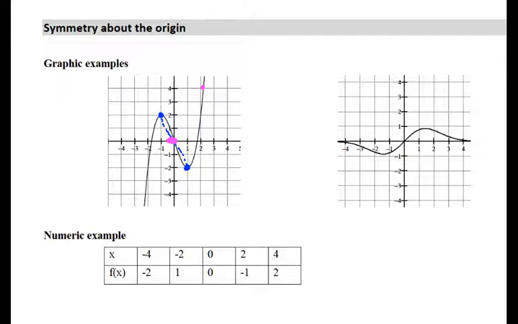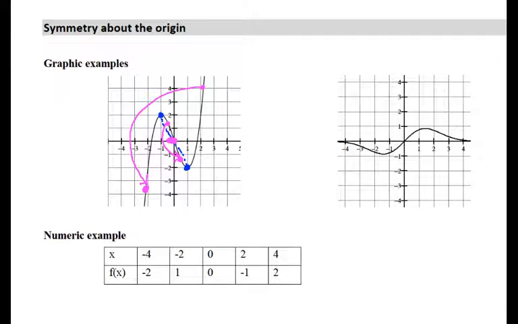This point up here would come down to, say, a point down here. This point here would pivot around to this point down here, etc. So this is what symmetry about the origin looks like.